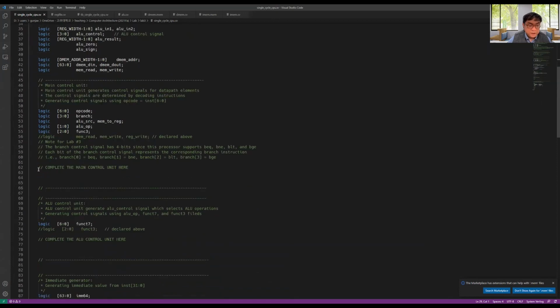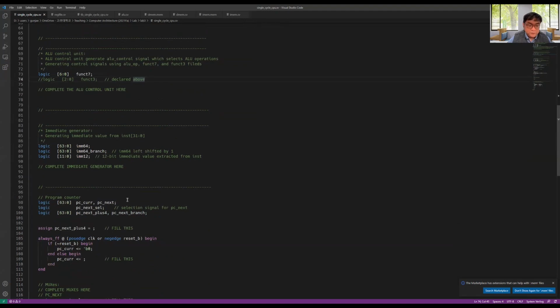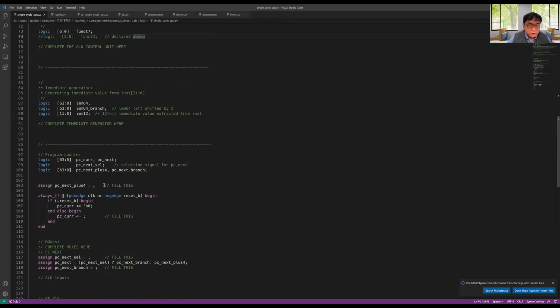So just find comments like complete the main control unit here, complete the ALU control unit here, and so on. Also you need to fill in these lines.